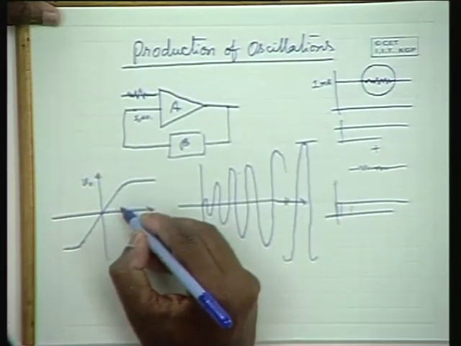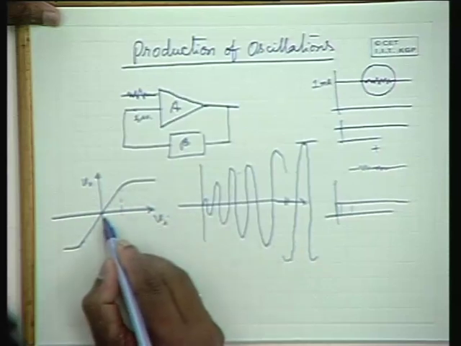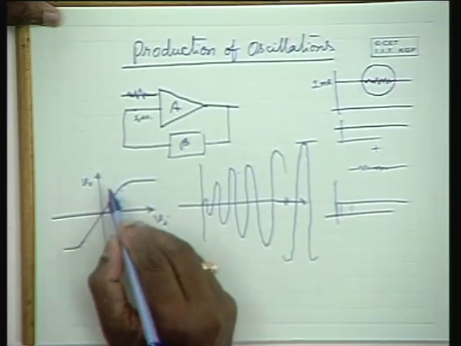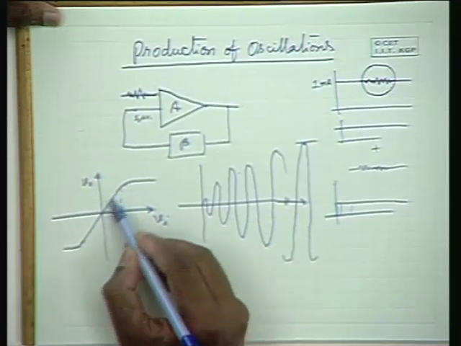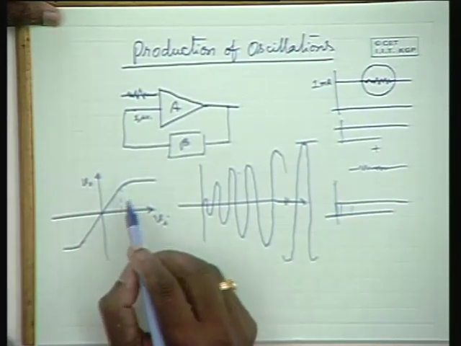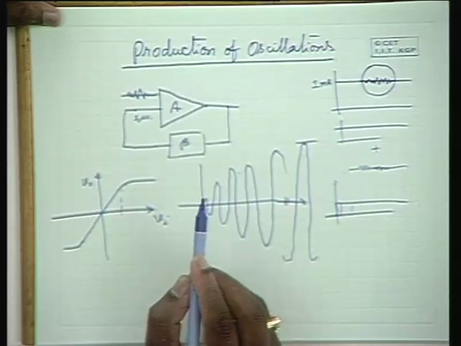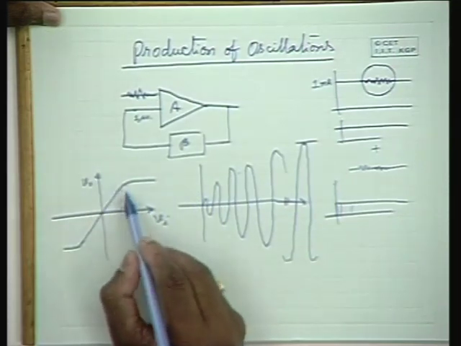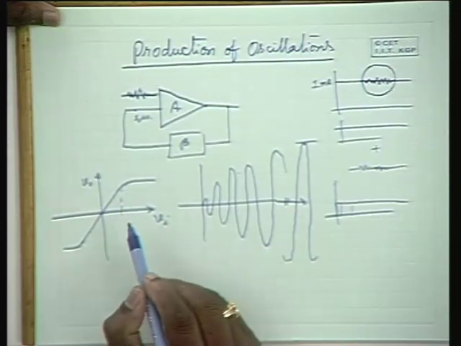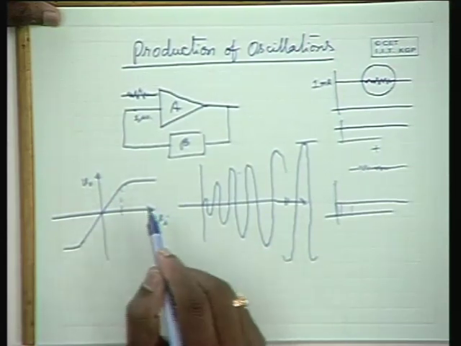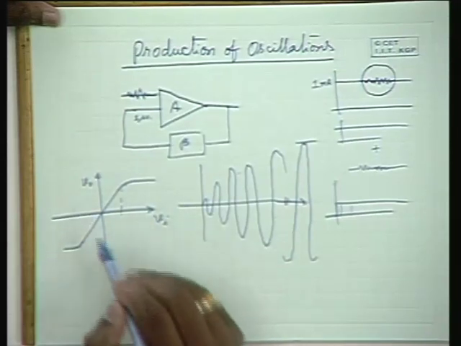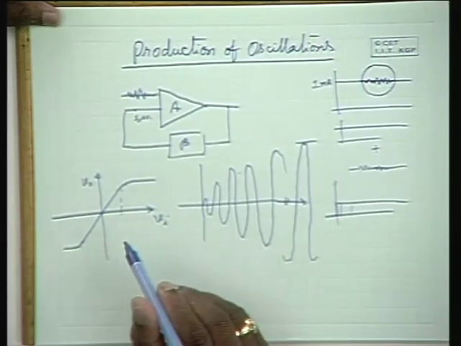Once the input rises beyond a certain level, the output is less than the gain times the input. Output tends to remain constant even if the input is increased, and as a result the gain becomes lower than what it was for low amplitude signals.